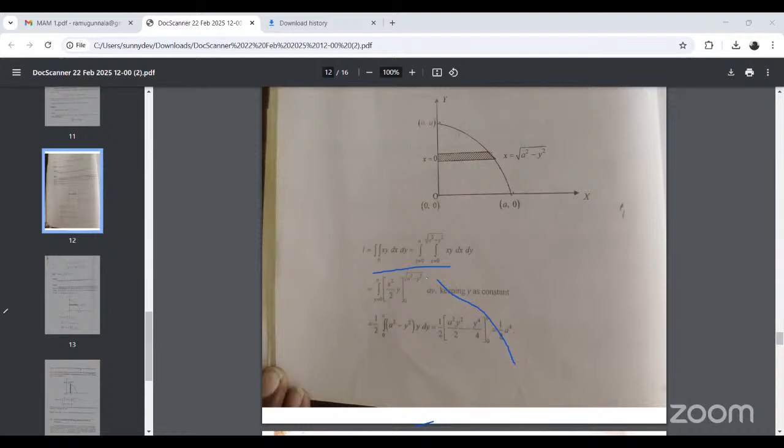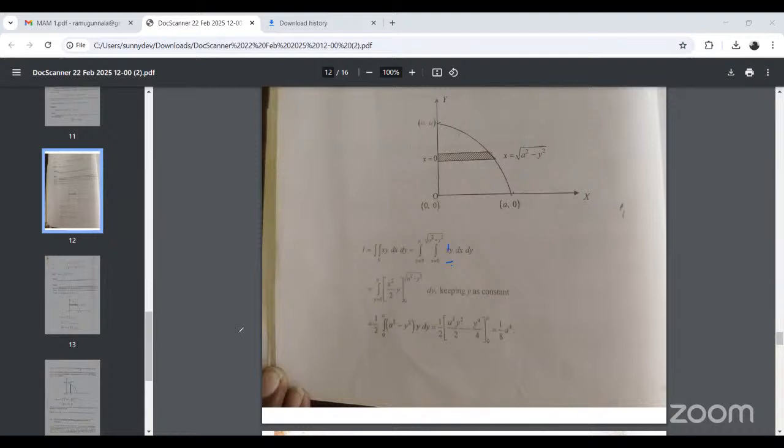When doing it with respect to x, the integral of x becomes x square by 2, times y, from 0 to under root of a square minus y square, into dy, taking y as a constant. Now substitute the x values: under root of a square minus y square, whole square, by 2, into y.